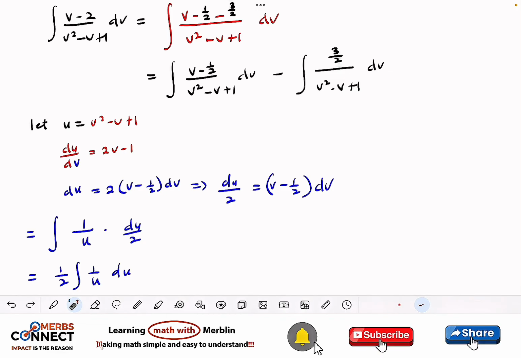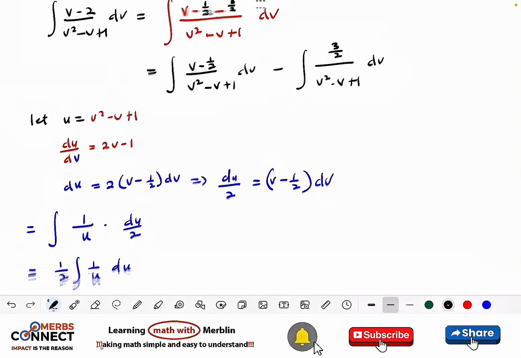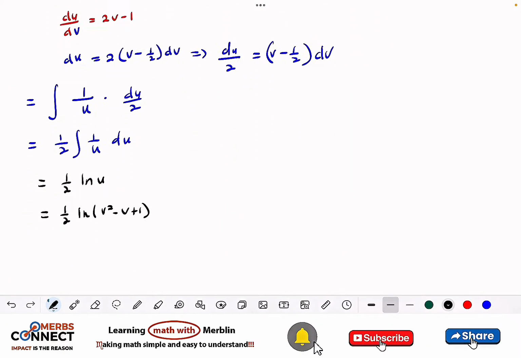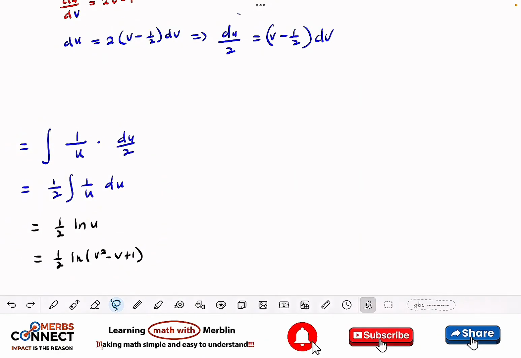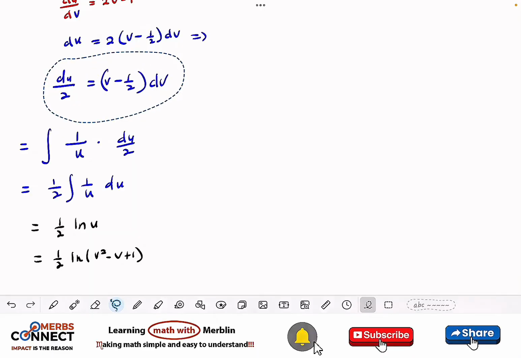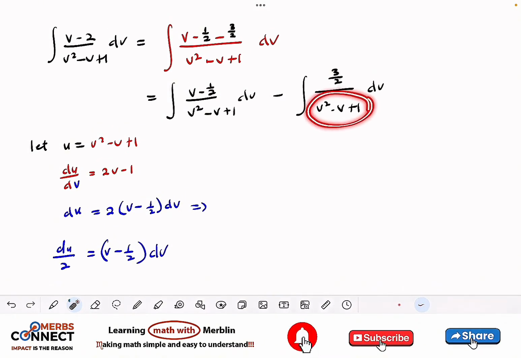Now, focusing on this guy, what we need to definitely try is to simplify the denominator. That's all that we need to do. Since this one is squared, I'm thinking of seeing something like tan inverse or something like that.